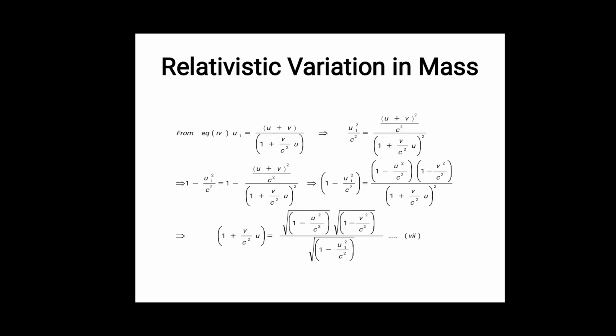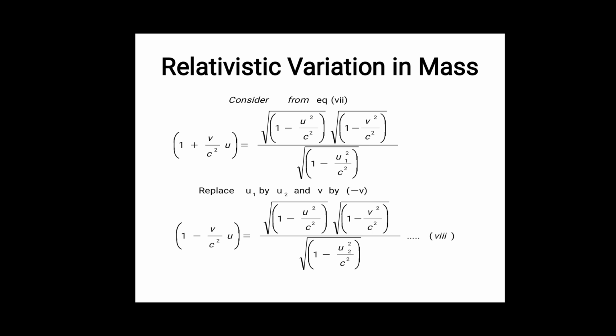From equation number 4, consider the value of u1 as equal to u plus v whole divided by 1 plus v upon c square into u. Squaring and then dividing by c square, obtain the answer for u1 square upon c square. After doing some mathematics, equation number 7 can be obtained. Considering equation number 7, replacing u1 with u2 and v with minus v, equation number 8 can be obtained.